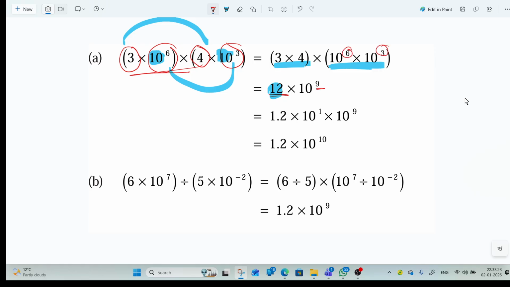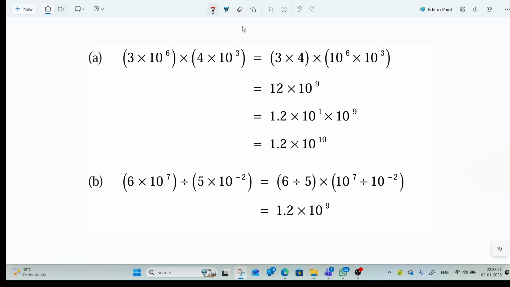Now we know that after one digit we put the decimal, right? Because we are putting the decimal after one digit, we need to multiply by 10, because 10 has one zero and we are moving by one digit. Why do we multiply? Because we are going towards left.